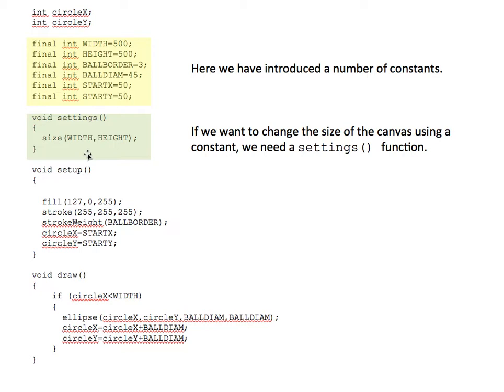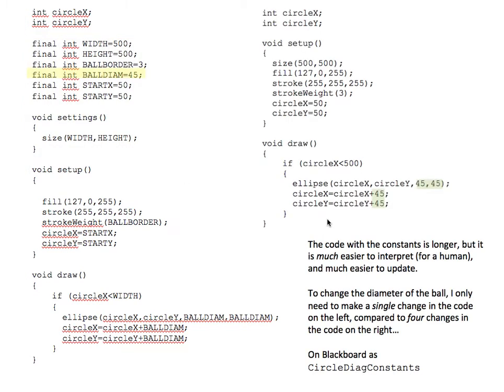This is just a minor technical requirement. So in setup and in draw, you can see here how we reference these constants, and I've included the original code off to the side here just so you can see the difference.